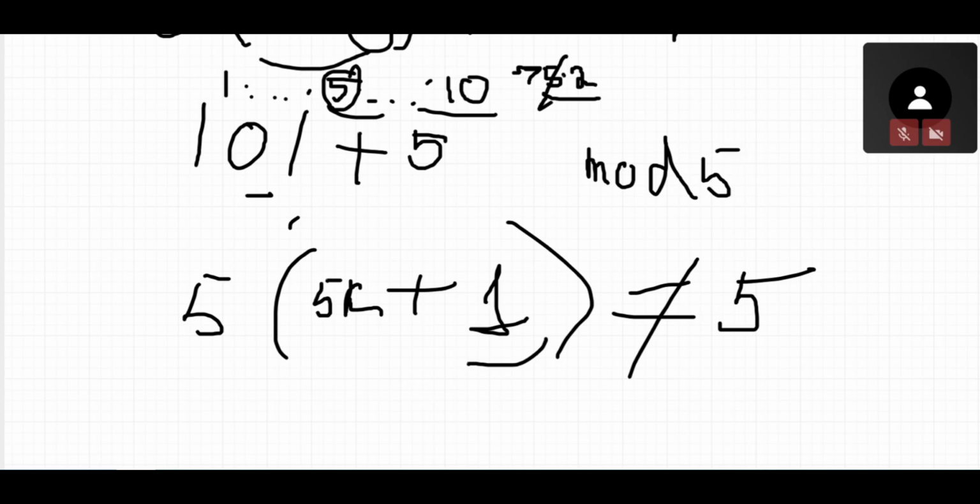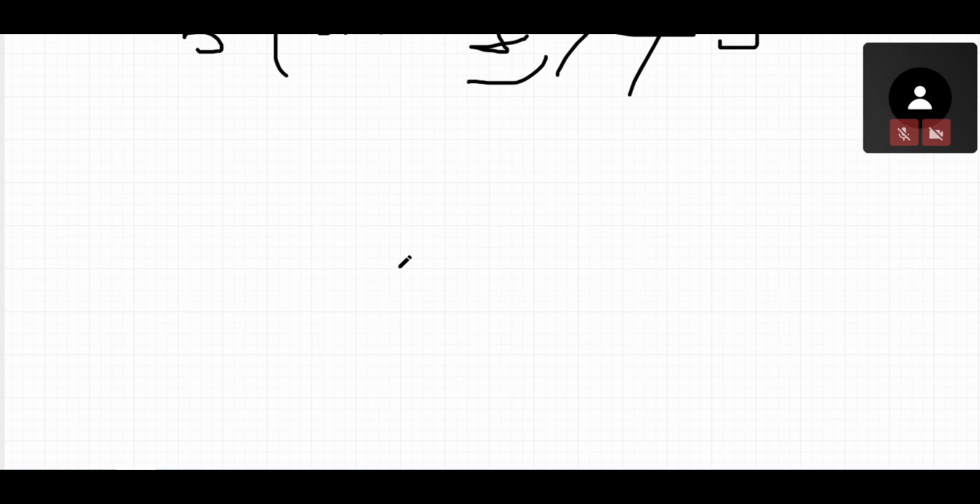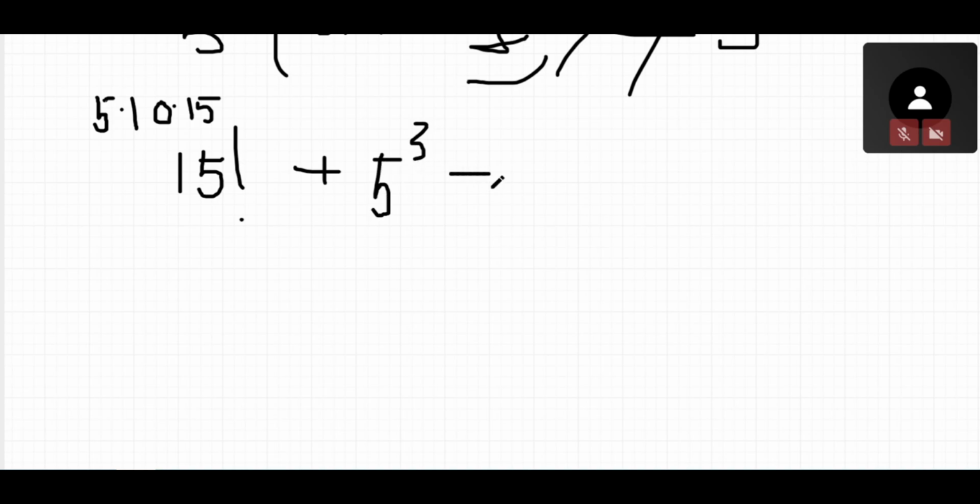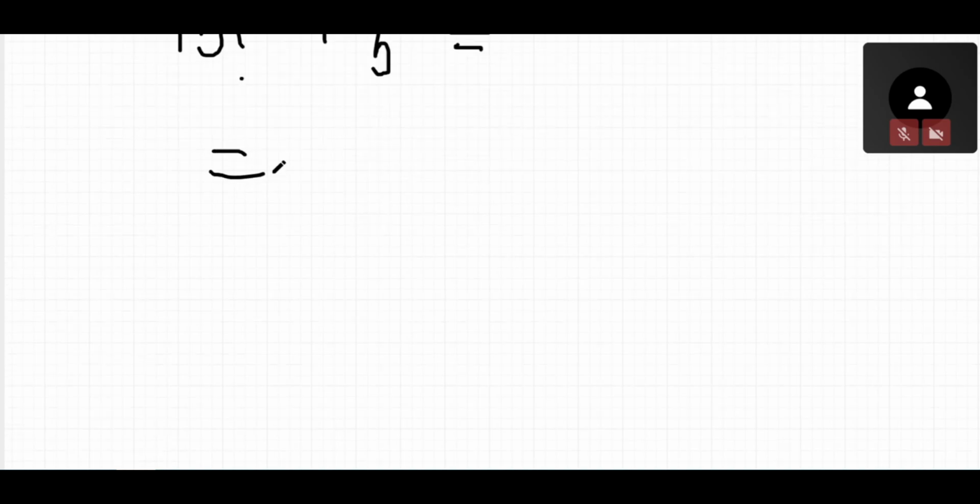Okay, we understand this part, that we need to find as many 5s as possible. For example, we can take 15 factorial. In 15 factorial there are 3 5s, like 5 multiplied by 10 multiplied by 15. What does it mean? We need 3 5s, like 5 cubed. If we take out 5 cubed, we will get an equation.